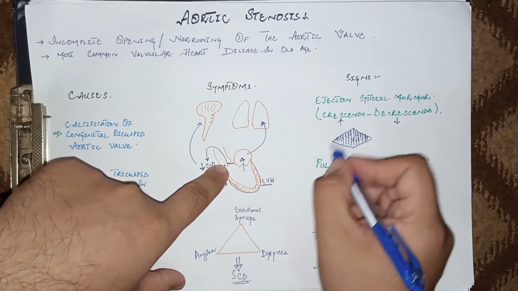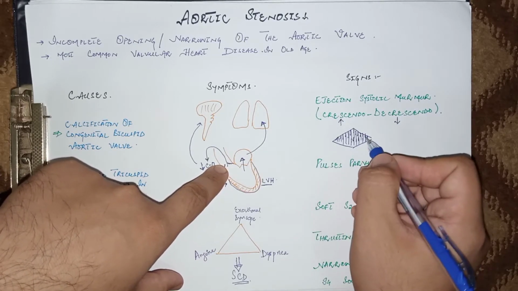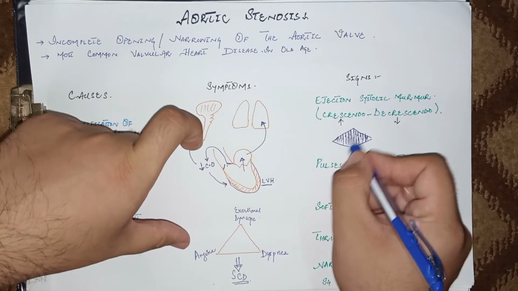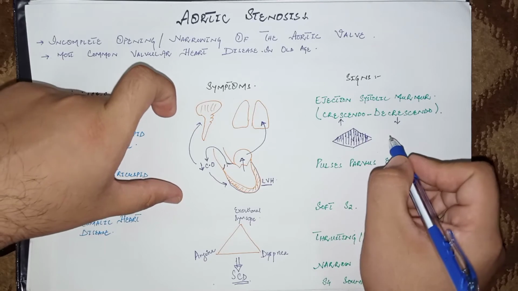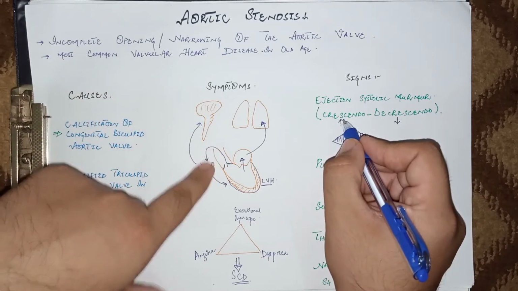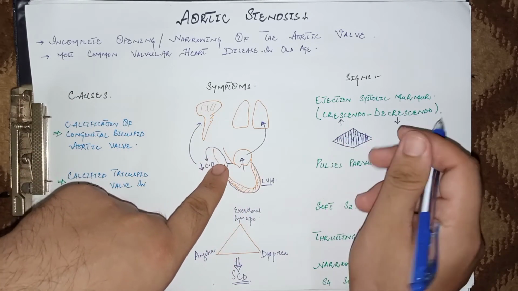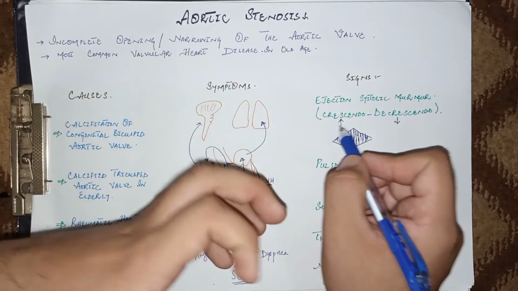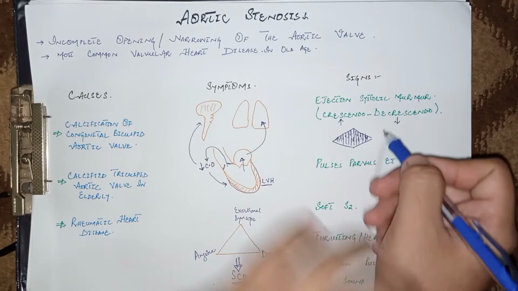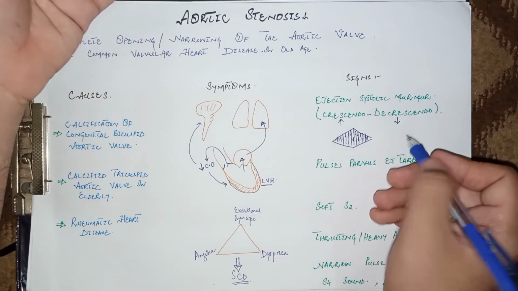This murmur is also called a diamond-shaped murmur, because it gives the shape of a diamond. So this is the crescendo-decrescendo or diamond murmur in aortic stenosis.